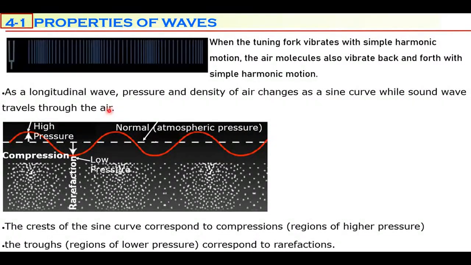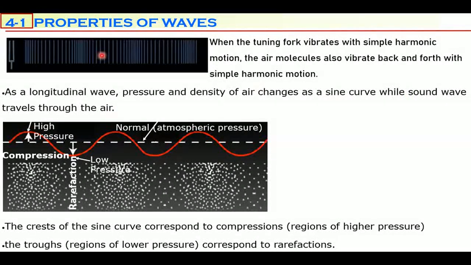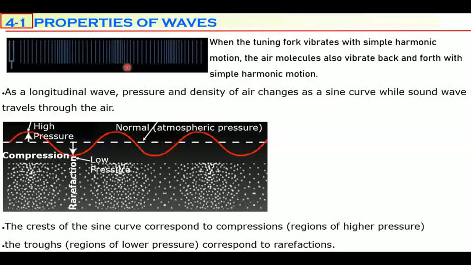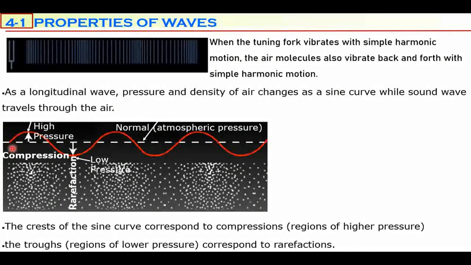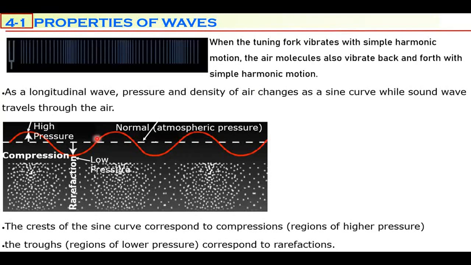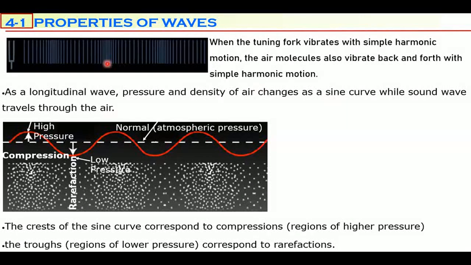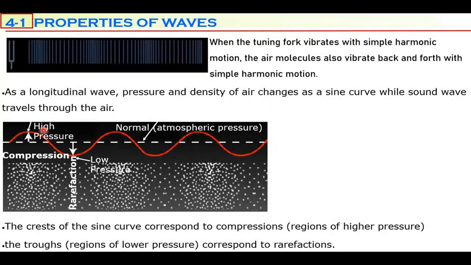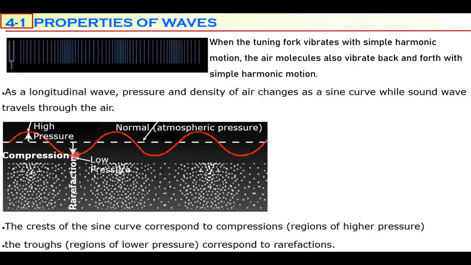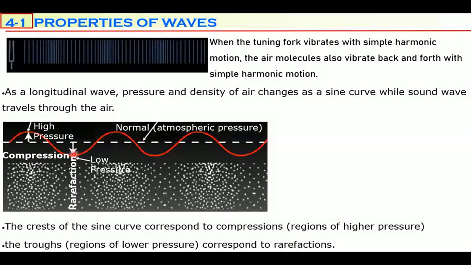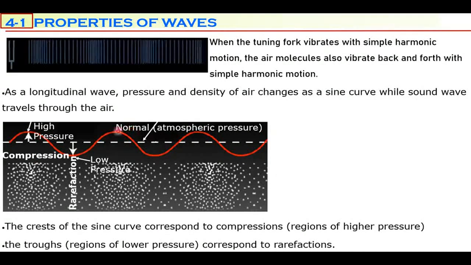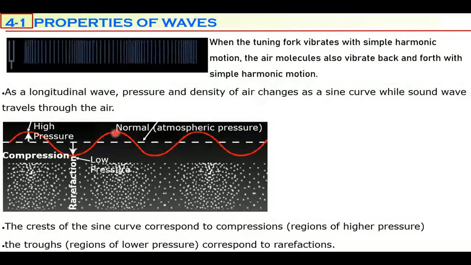High, low, high, low, high, low. It's like this. If I draw a pressure or density graph along this longitudinal wave, high pressure corresponds to a crest, remember. The lowest pressure corresponds to a trough, which is rarefaction. Highest pressure corresponds to a crest again, and then a trough again.